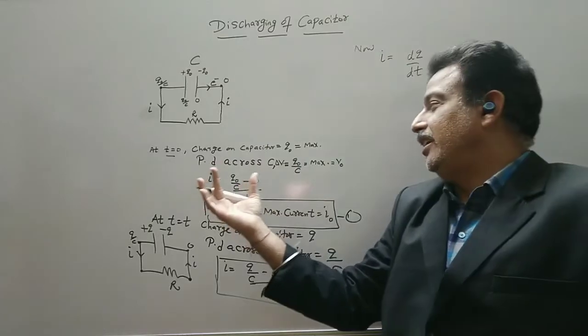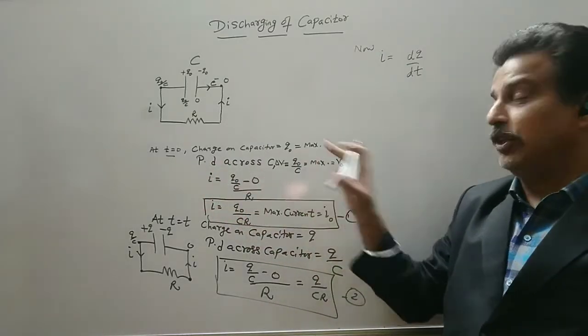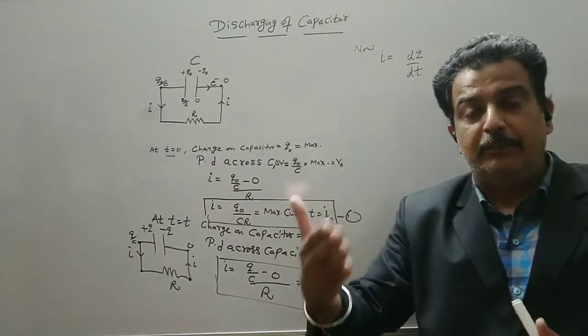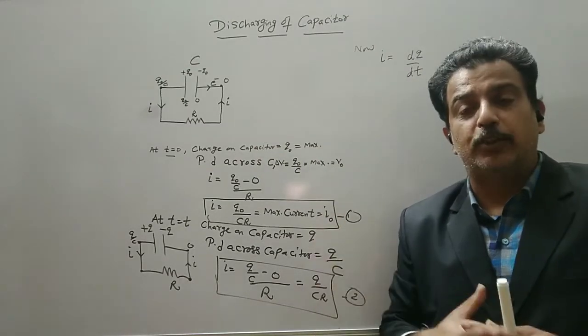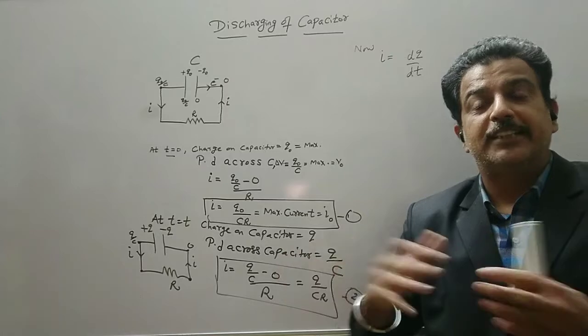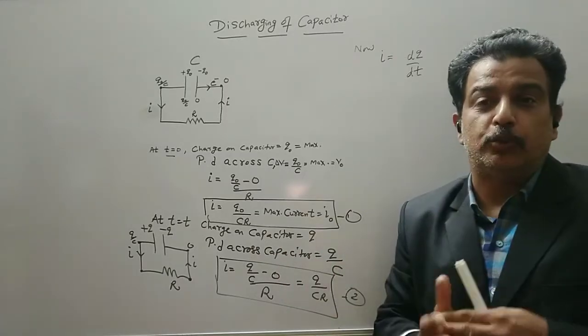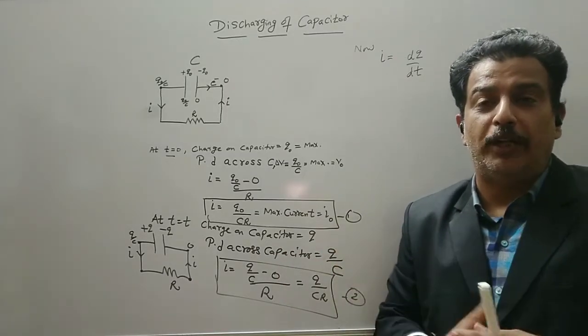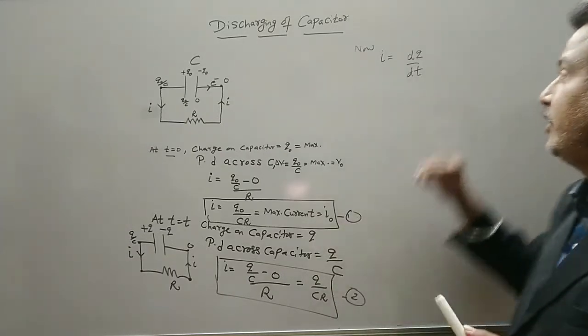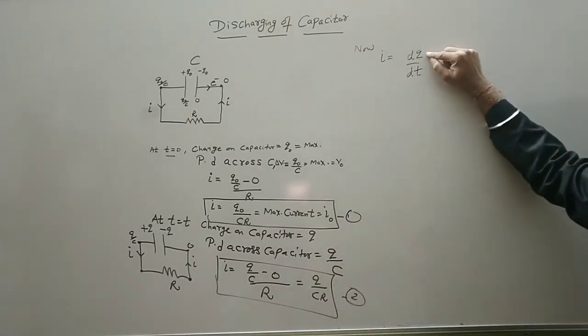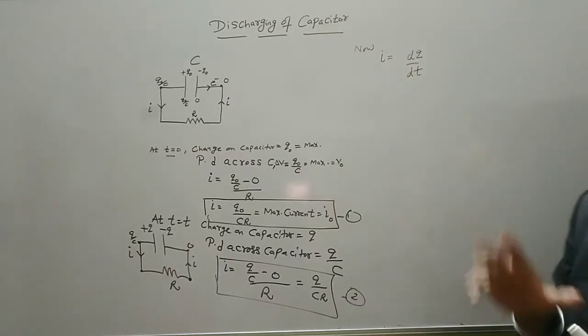At any instant, suppose the maximum charge is 1 coulomb. After some time, the charge will be less than 1 coulomb. Say it is 0.6 coulomb. So what is the change? That is 0.6 minus 1, minus 0.4 coulomb. So you have a minus sign. This change comes out to be negative. But current is a positive scalar.